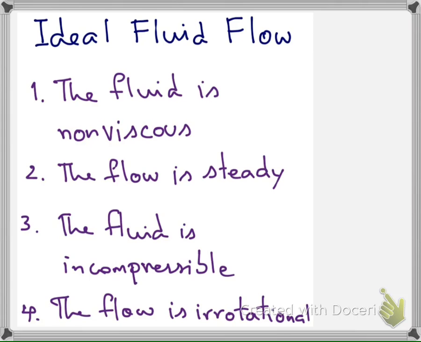First, the fluid is non-viscous. It means that we don't have viscosity in the fluid, or this is equivalent to a frictionless surface. Okay, so we don't have to worry about the viscosity of the fluid.